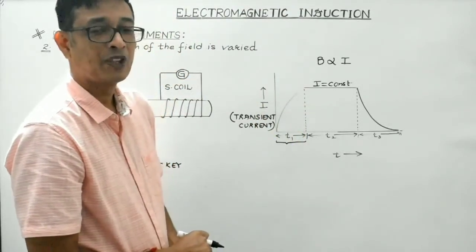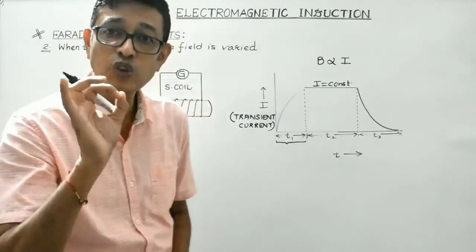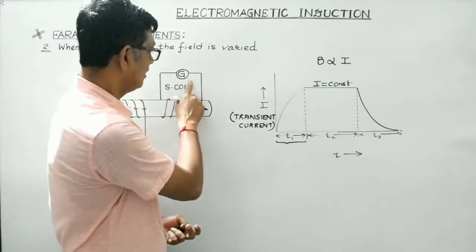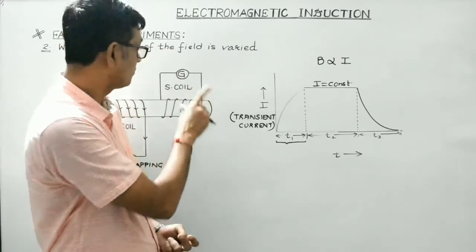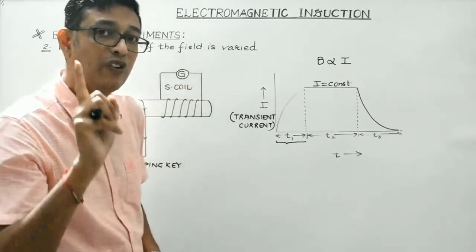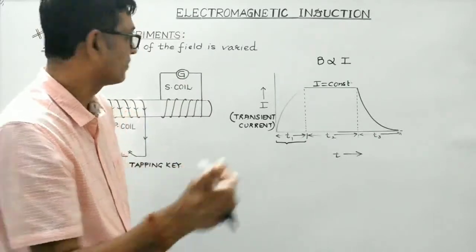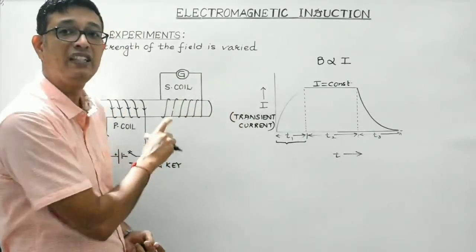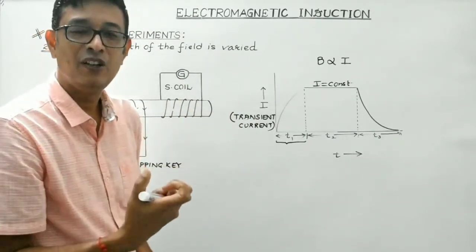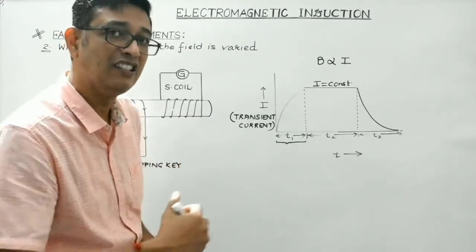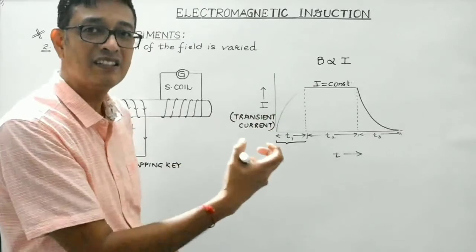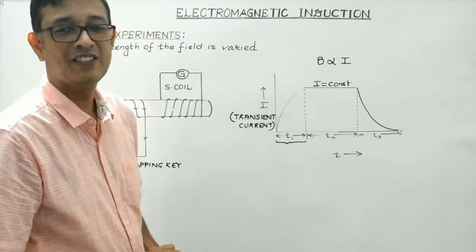Right, students? So what Faraday concluded was, the galvanometer shows deflection in the S coil, or induced current is produced in the S coil, only when the magnetic field linked with the S coil changes. When I say the magnetic field changes, it means that the magnetic field can either increase or decrease.